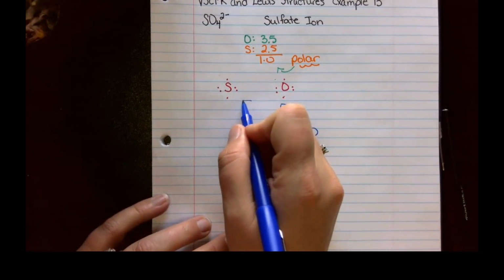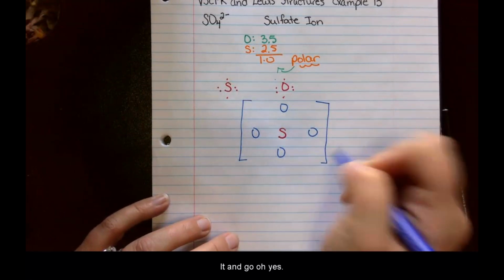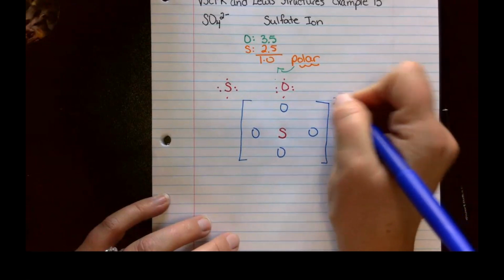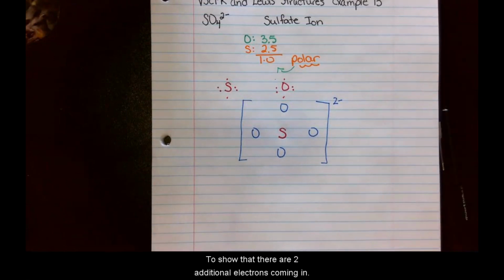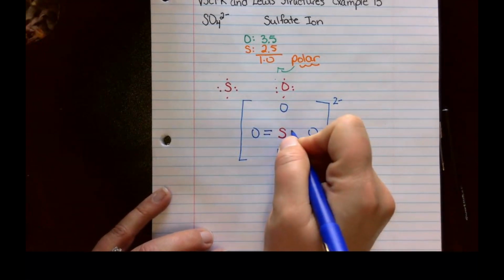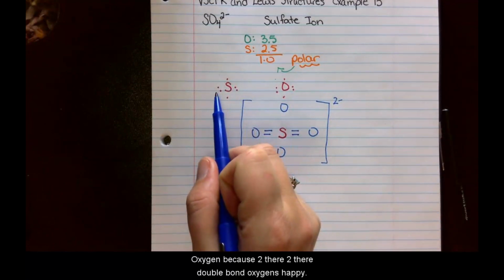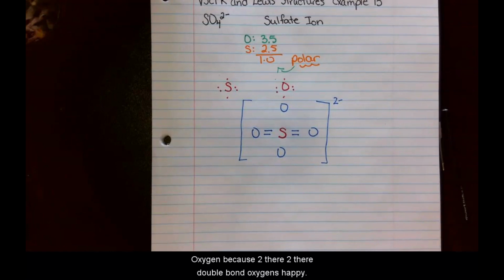Don't forget with these, you do have to draw the brackets and the 2 negative to show that there are 2 additional electrons coming in somewhere. Now sulfur is going to bond twice with each of these oxygens, because 2 there, 2 there, double bond. Oxygen's happy.